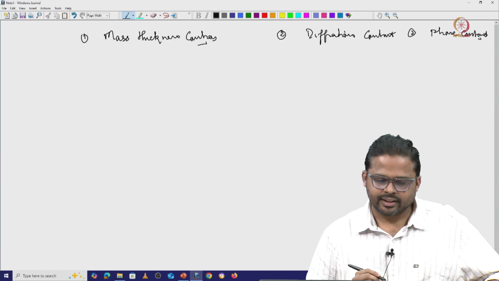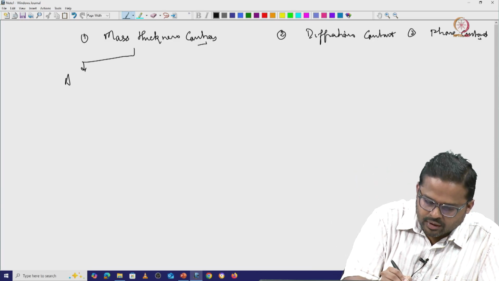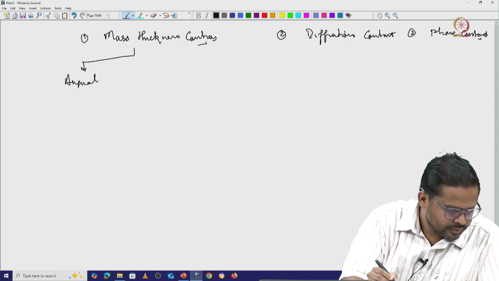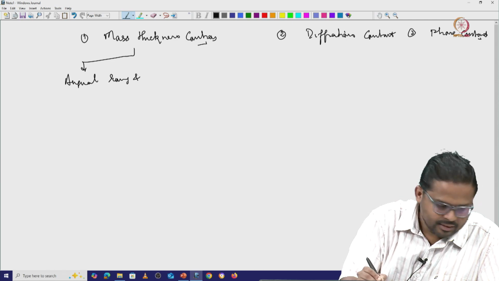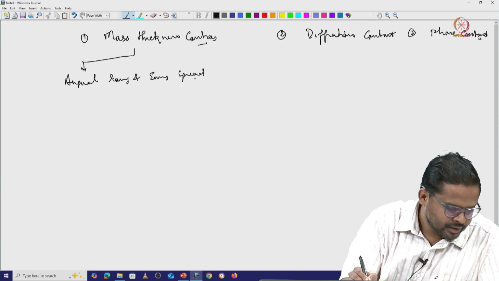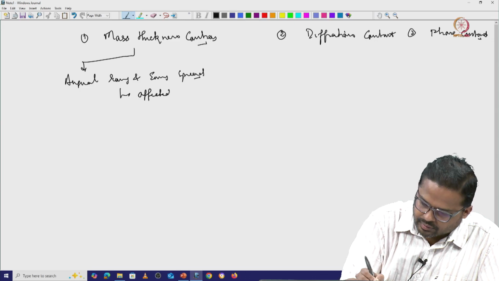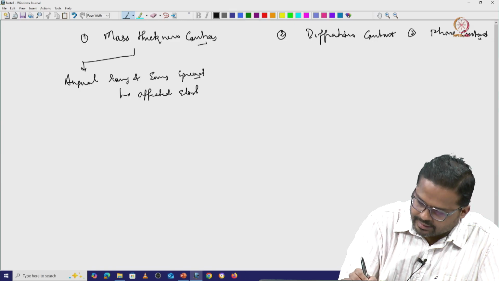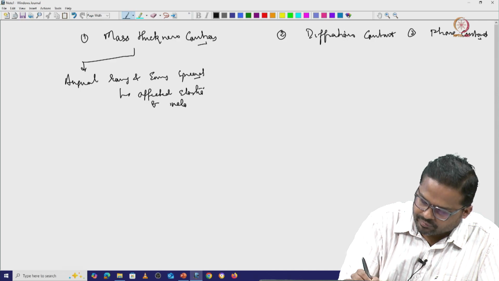Okay. So, here the mass thickness contrast is related to the angular range and the energy spread that is affected by elastic and inelastic scattering.